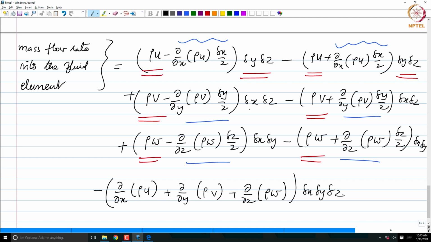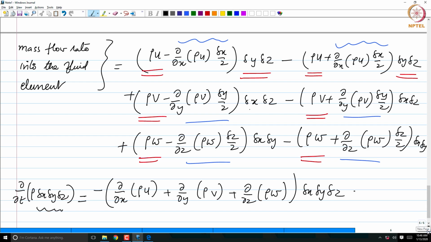So we have these three terms on the right hand side, and on the left hand side we had partial t of rho times delta x, delta y, delta z, that is the net rate of increase of mass within the control volume. I would send this to the left hand side, and assuming that the fluid element is not changing its size, I can take the volume out and cancel these terms.